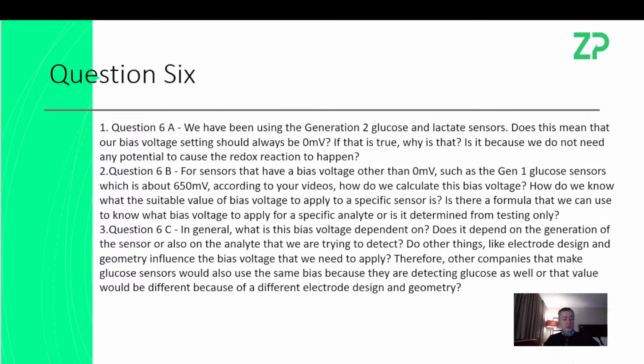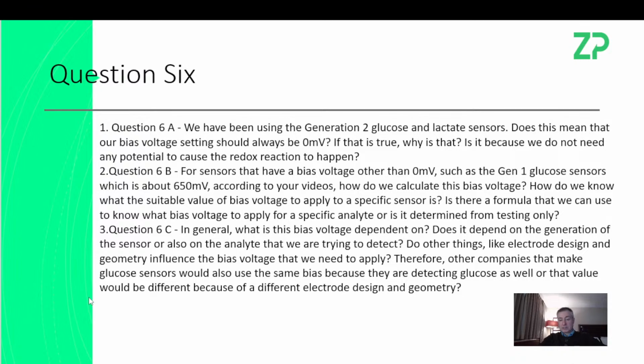You're really going down the rabbit hole here. You can run biosensors in 3 electrode mode or 2 electrode mode. So that's a change in electrode design, going from 3 electrodes to 2 electrodes. That will influence your bias voltage. If you went to 2 electrode mode and you had the electrodes this far apart, or this far apart, or this far apart, that would influence the bias voltage.